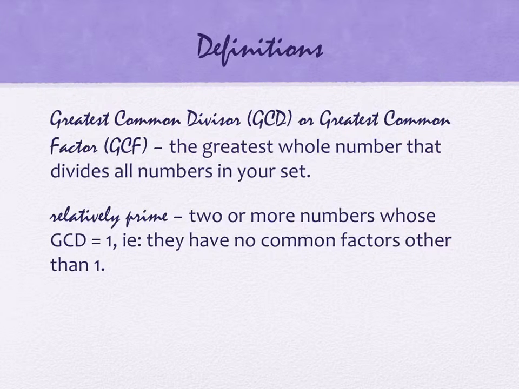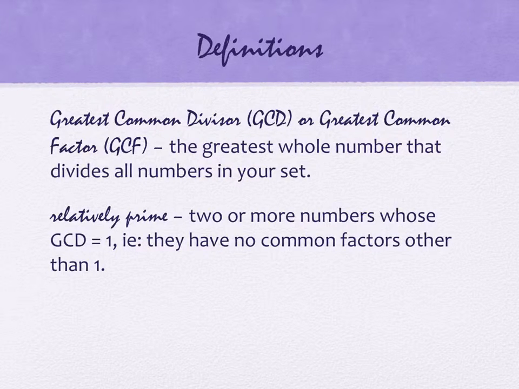Now, we encountered this word a couple class periods ago. We didn't define it, but it came about in our discussion of examining the rule for 6. The reason we know a number is divisible by 6 is if it's divisible by 2 and 3. Well, relatively prime is that word that came about. Relatively prime means that 2 or more numbers have a GCD equal to 1.